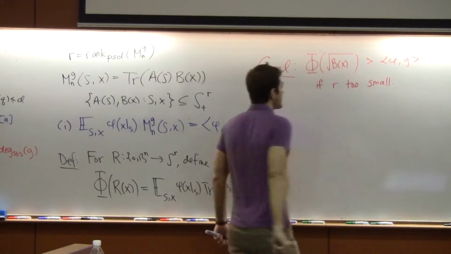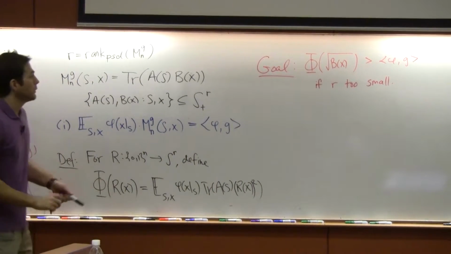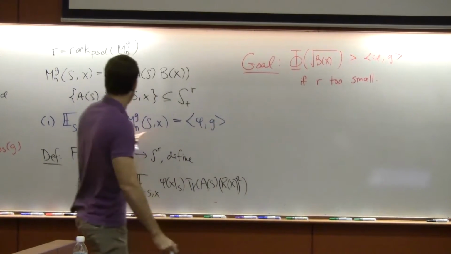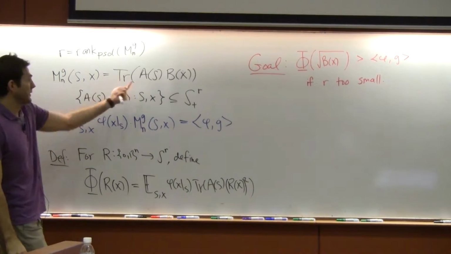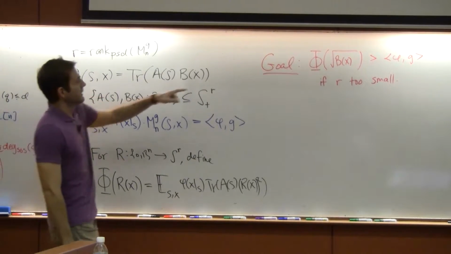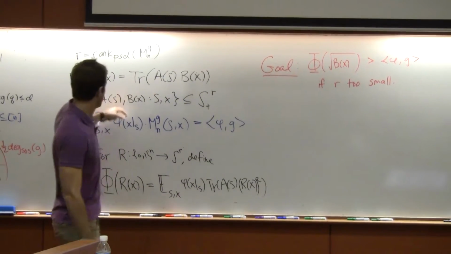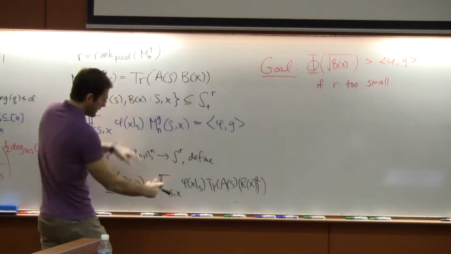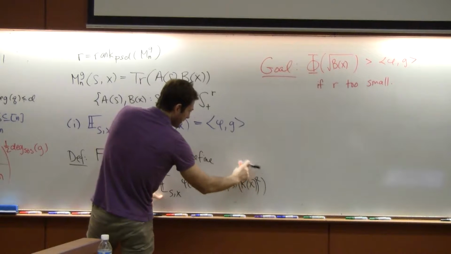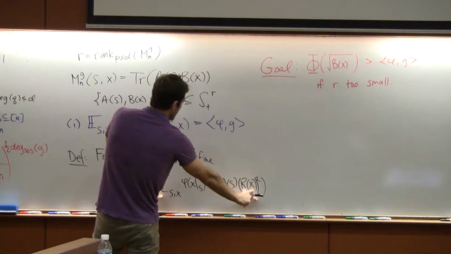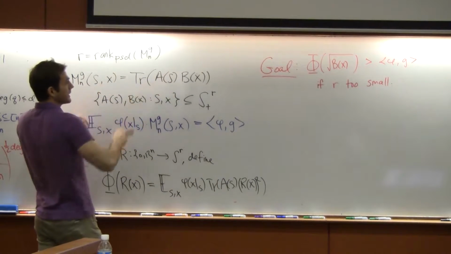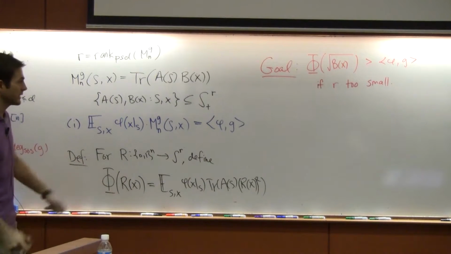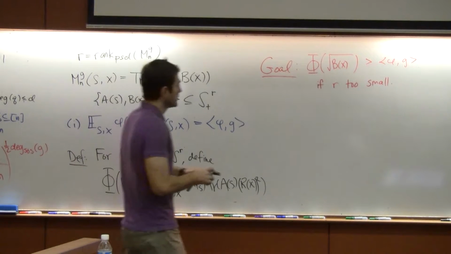Somehow if the rank of the factorization is not big enough, we would like to show that when we apply this to the square root of b, we get something bigger than we got here. Phi applied to the square root of b is exactly this functional applied to the right-hand side. You just replace this by b. And so if it's bigger than it is on the left-hand side, we derive a contradiction, so it cannot be. So this is our goal.